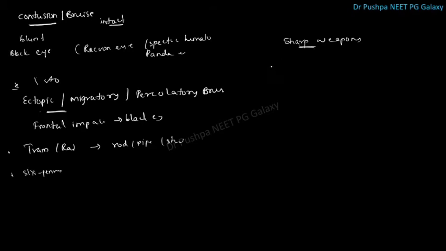So if the weapon is entering into a cavity, it causes penetrated wound. If weapon is entering the body part other than the cavity, it produces the punctured wound.